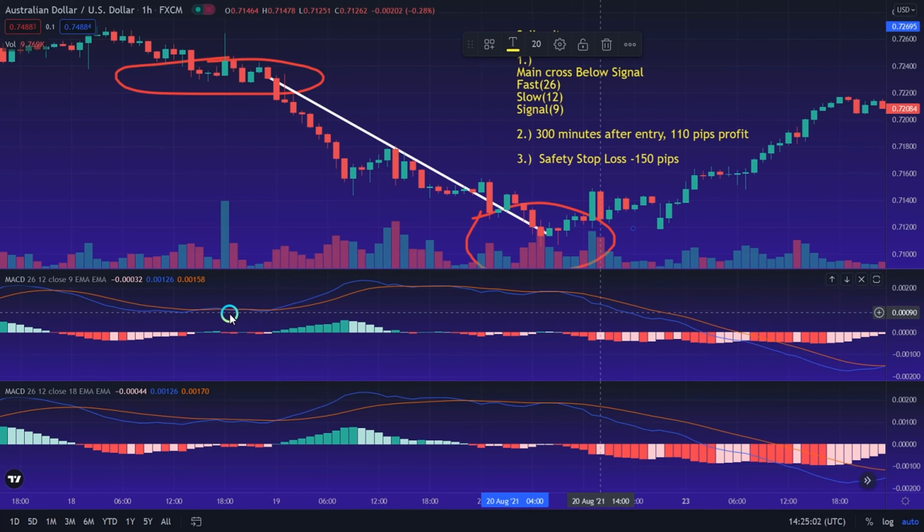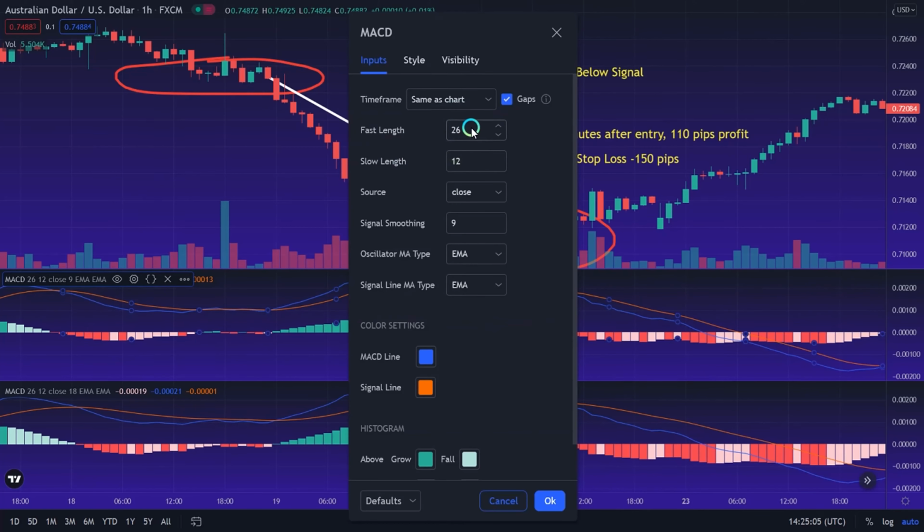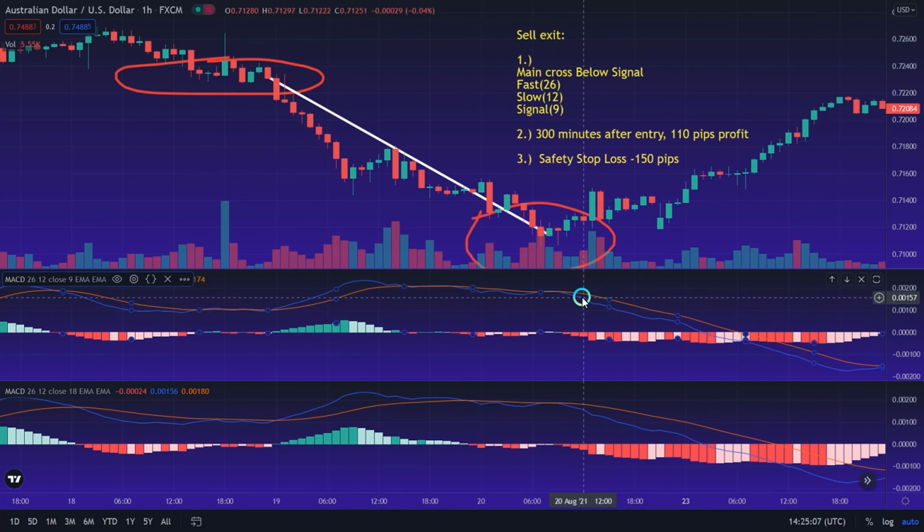So I put these numbers here, and as you see, it was a perfect exit for us because the main line crossed below the signal line. So we closed our trade, and the algorithm showed that the trade has a good risk to reward ratio overall with everything we considered, and it was just a quality trade.